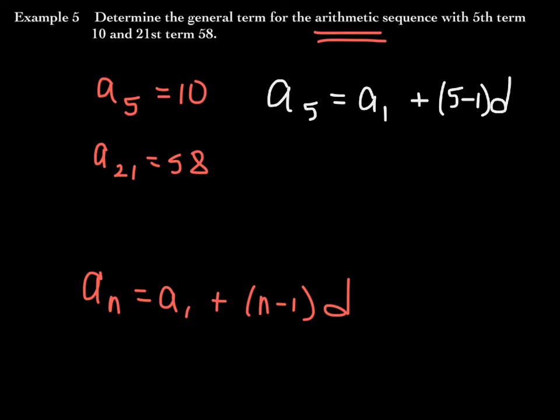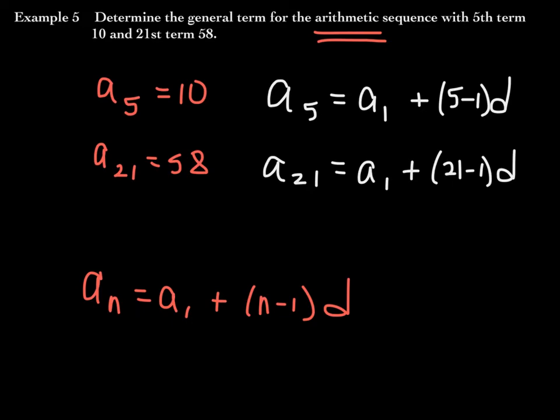Now for the 21st term, it would be the 21st term is equal to a sub 1 plus 21 minus 1 times d. Do you see how I plugged in 21 wherever there was an n?